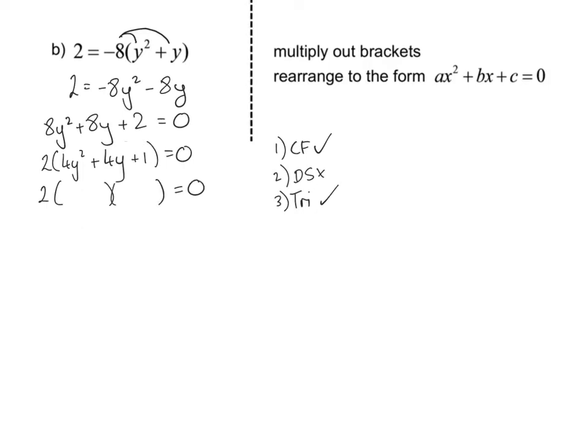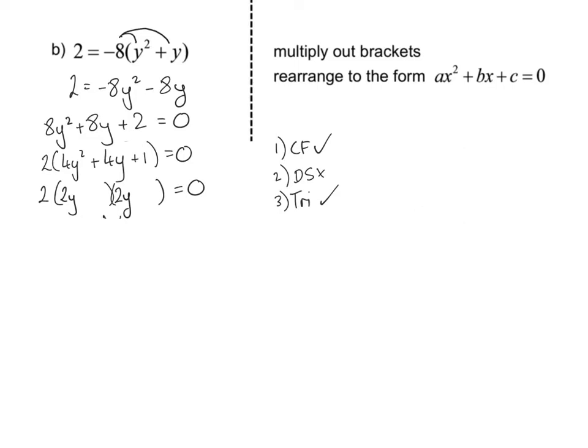Now, for 4y squared, we've got a bit of a problem. We can do that with 4y times 1y, or we can do it with 2y times 2y. If one doesn't work, you just go on and try the other. I'm going to start with 2y multiplied by 2y, and we're going to start to say we're looking for a factor pair of 1 with inner and outer products having a sum of 4y.